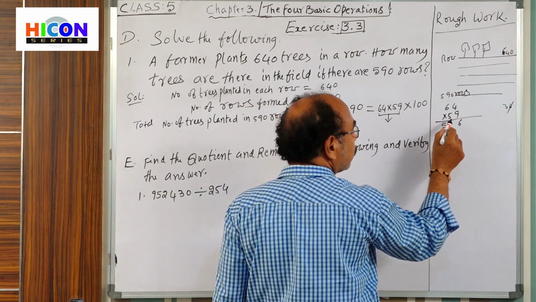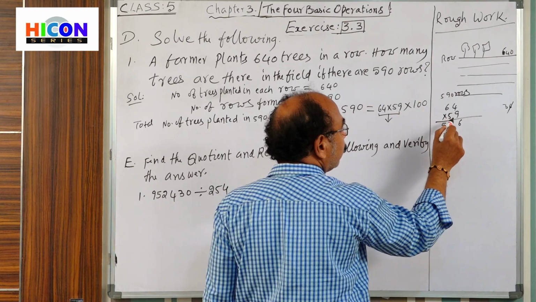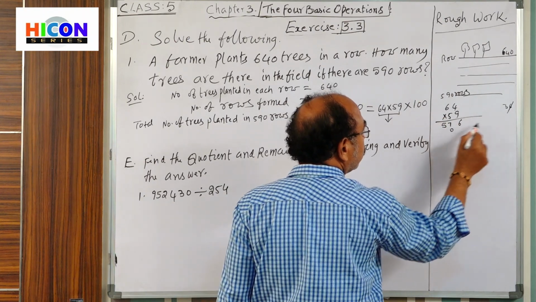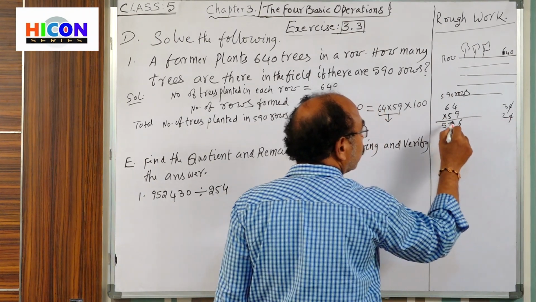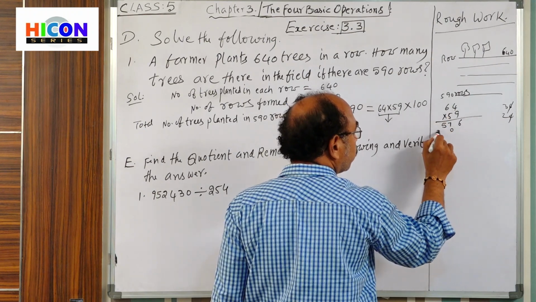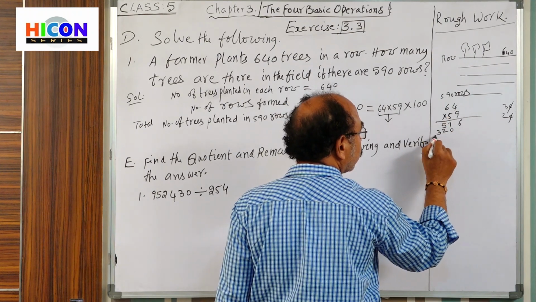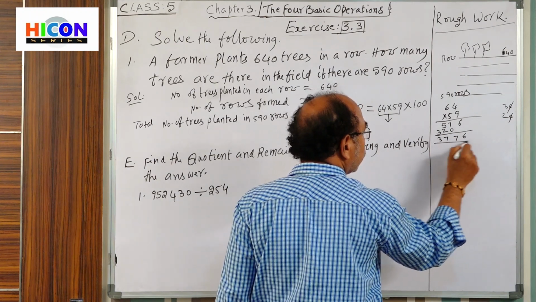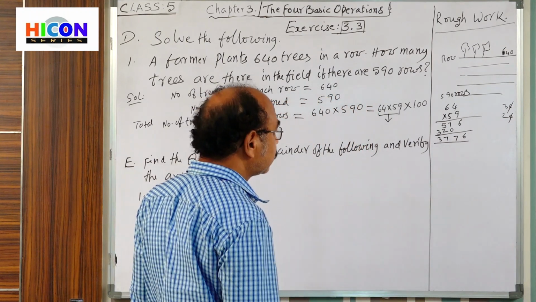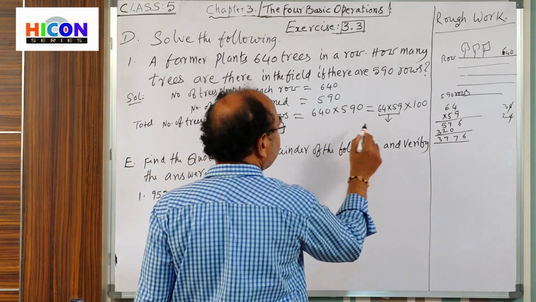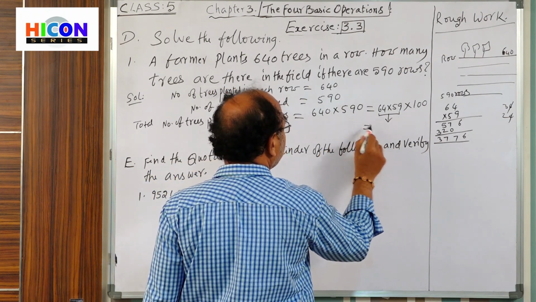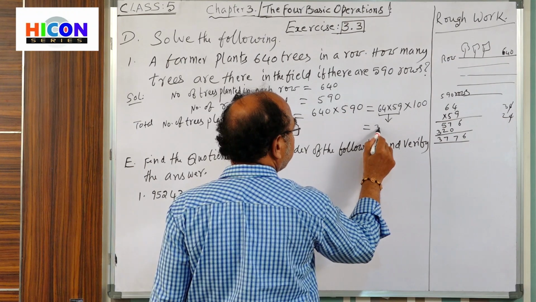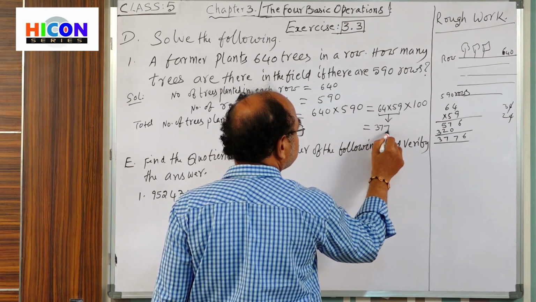Now multiply with 5. 5 fours are 20. 0, 2 is carried. 5 sixes are 30 plus 2, 32. Add: 3, 7, 7, 6. So here you write 3776.